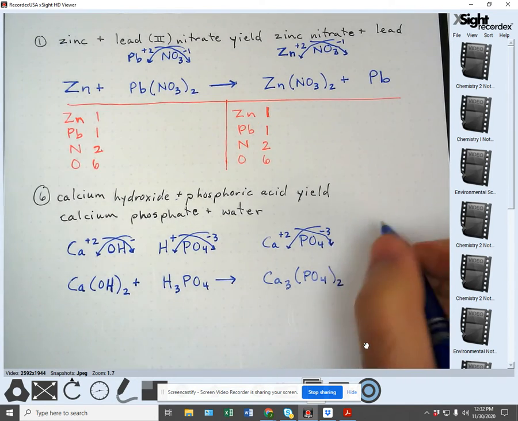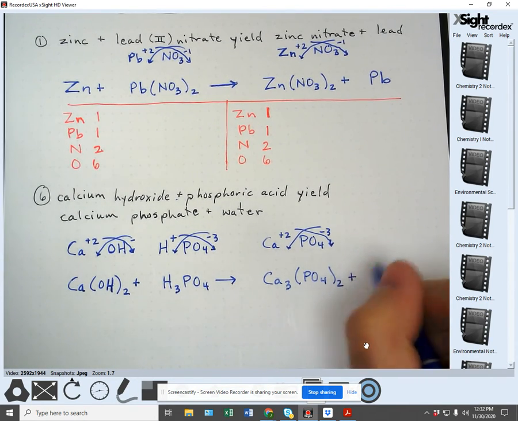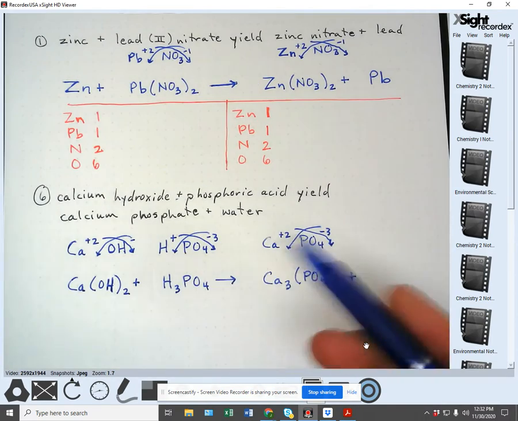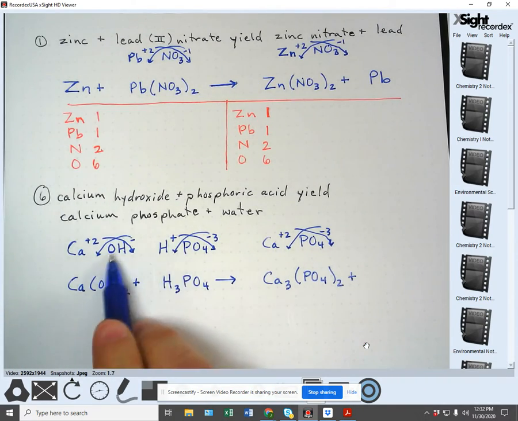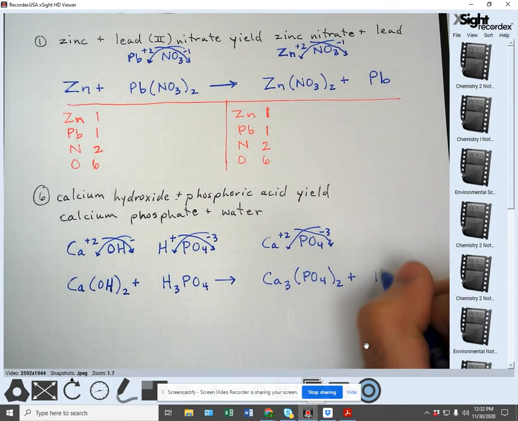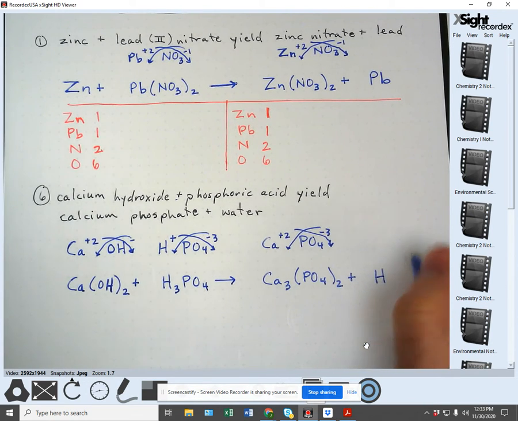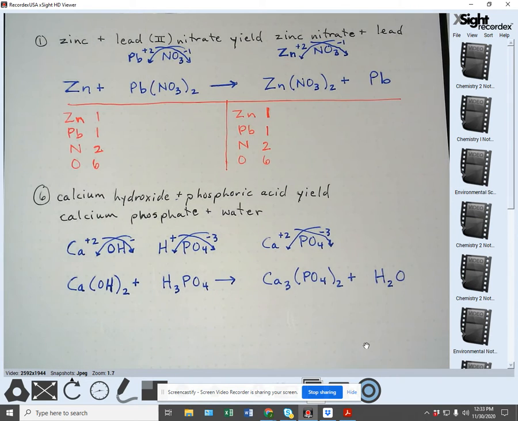Okay. Plus water. Now you could do the whole combining the H plus and the OH, but we know water is H2O. All right.